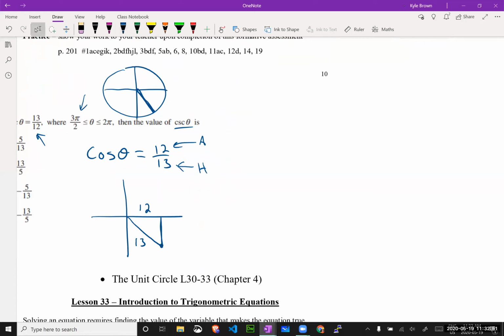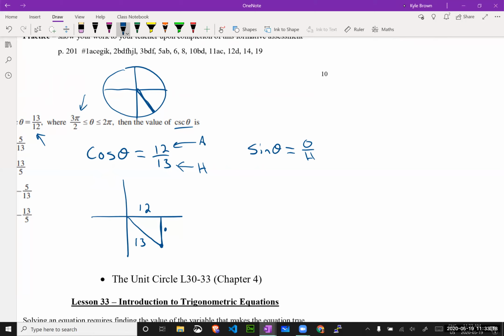Now, what are they looking for? They're asking me, what is cosecant theta? What might be easier because we're more used to it is to figure out what sine theta is and then flip it upside down. So sine theta is equal to opposite over hypotenuse, or y over r, either one. This requires that we know what the opposite is. Well, we've done this before.